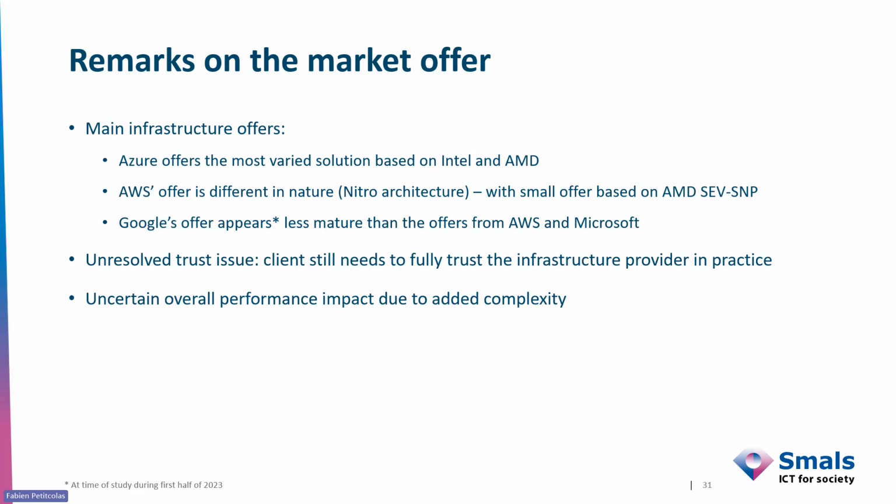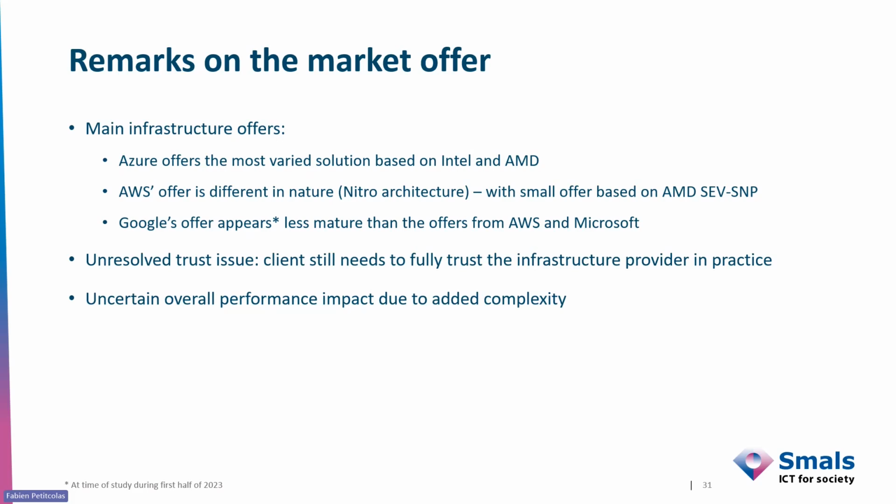And there's also at AWS now a small offer based on AMD SEV-SNP technology. I didn't look in detail at Google's offer, but at the time I did the work, it appeared less mature than the offers from AWS and Microsoft, but they do provide some confidential computing technique based on AMD processors.